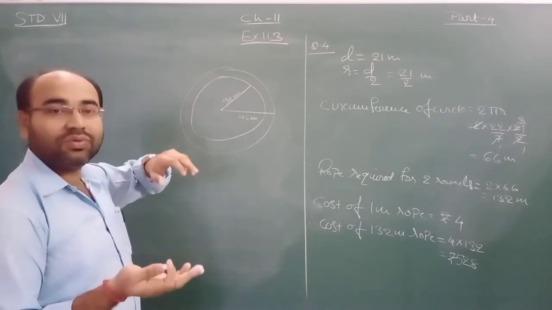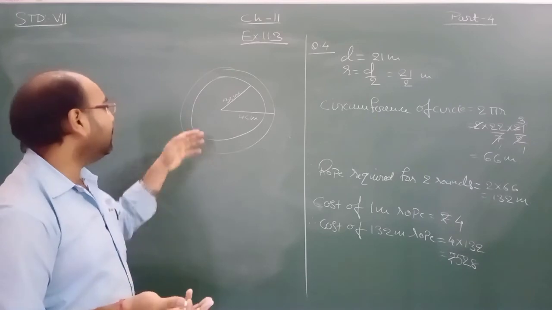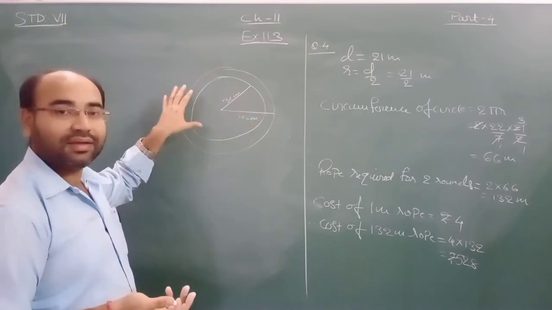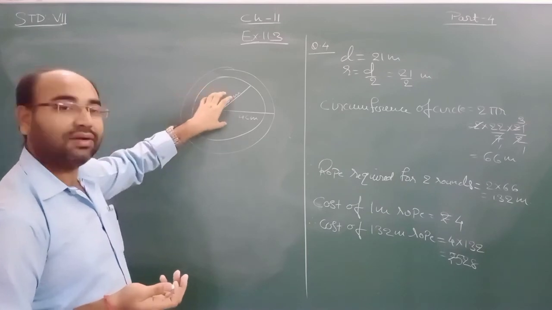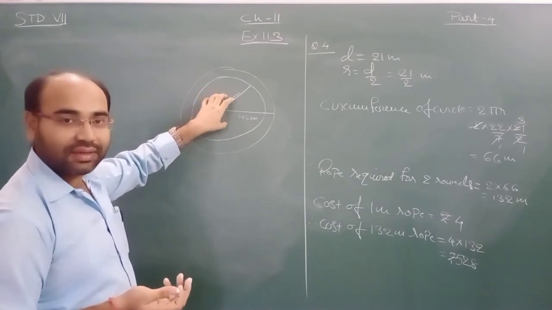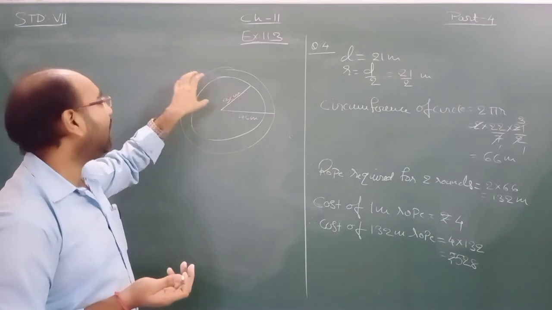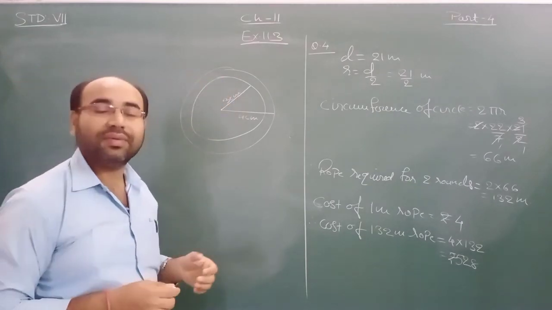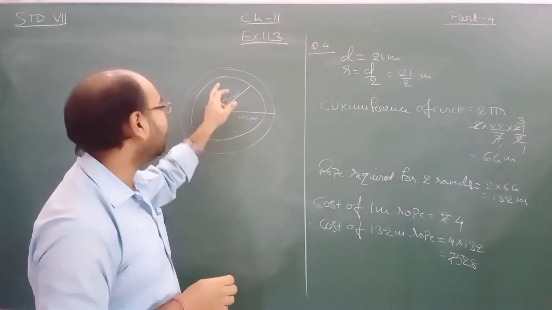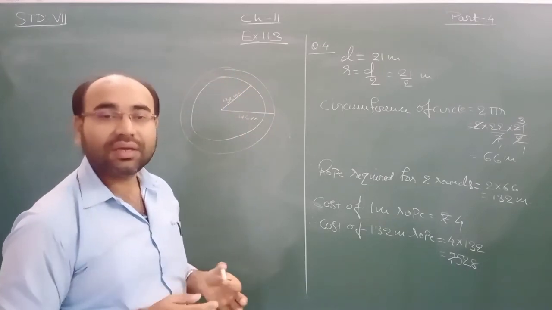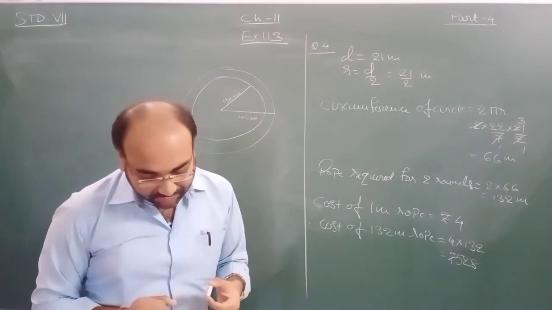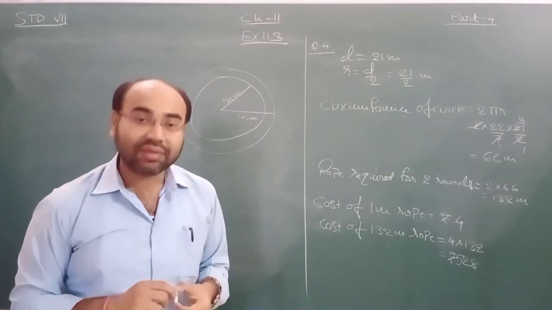So what we used to do before also, the same way, first we will find the area of the outer circle. Then the area of the inner circle. Then from the outer circle, we will subtract the inner circle, so we will get how much sheet is remaining. And here the value of pi we have to take is 3.14.